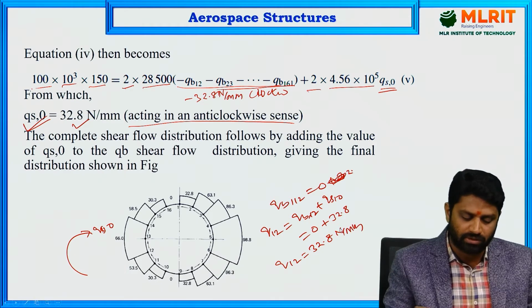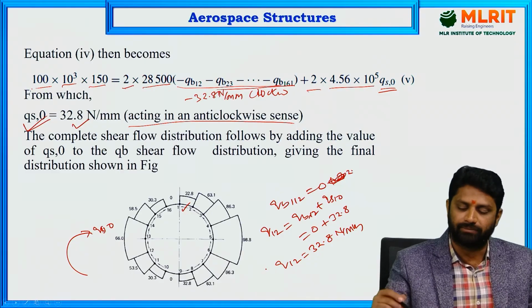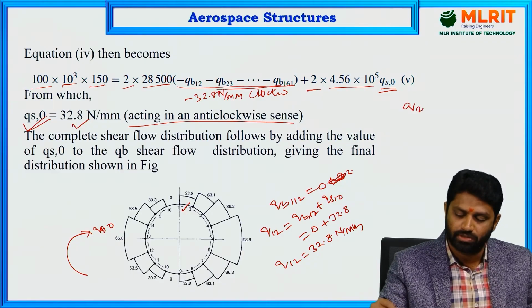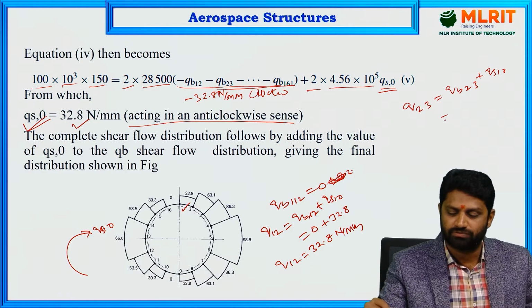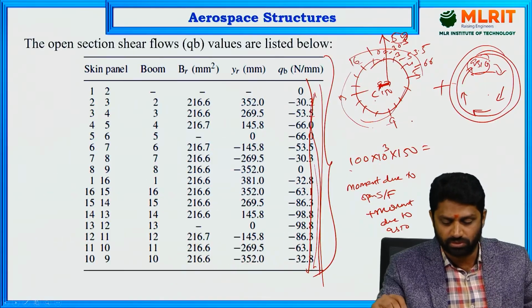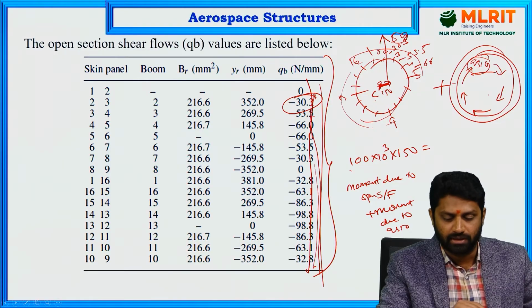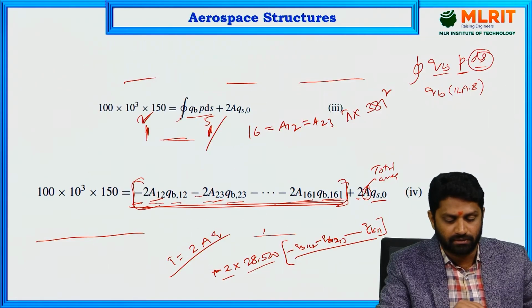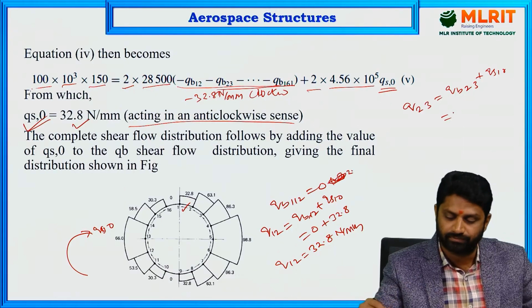Okay, now that is drawn here. Next, similarly, if you add Q23 equals QB23 plus QS naught. So how much did we get for QB23? Let's see here. QB23 we got minus 32.3.